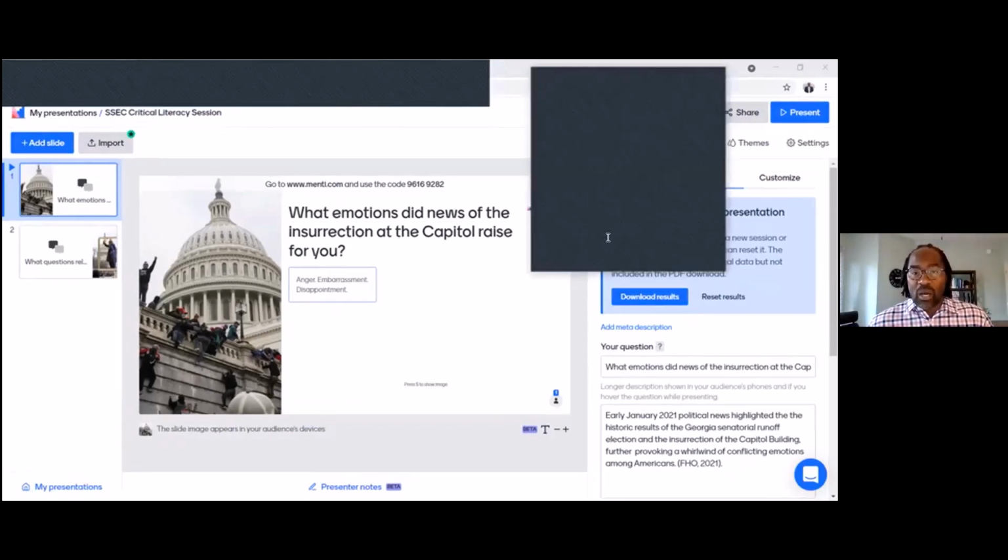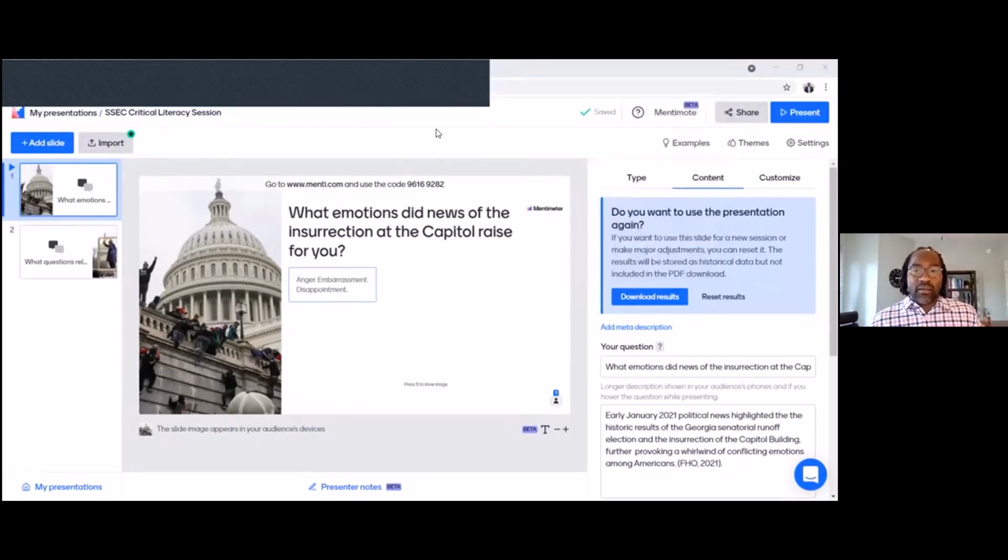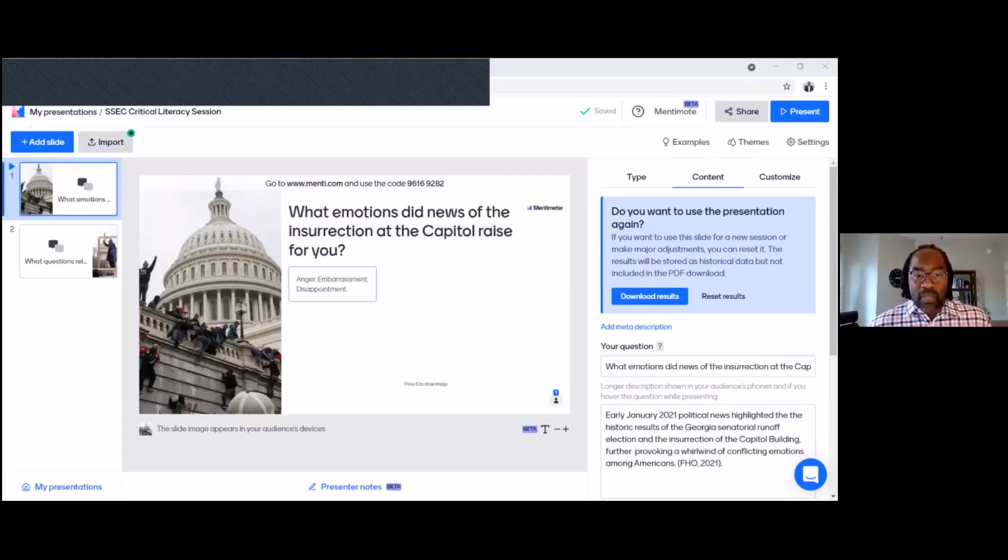If you go to menti.com, you should see a page that prompts you with questions or to enter a code. I'm going to read the code out loud, and I'll also put it in the chat box.